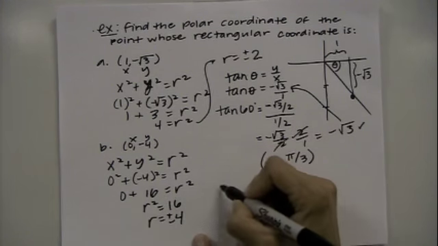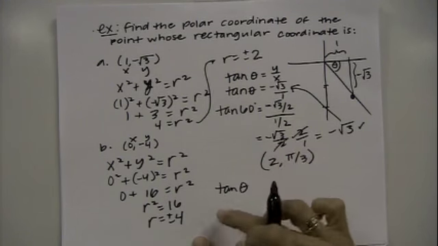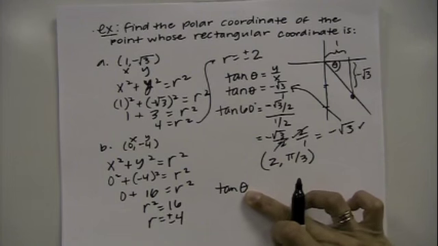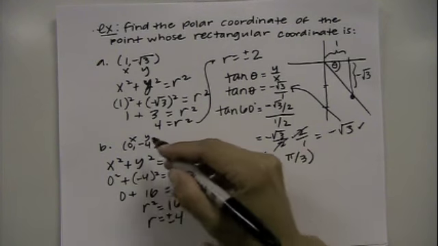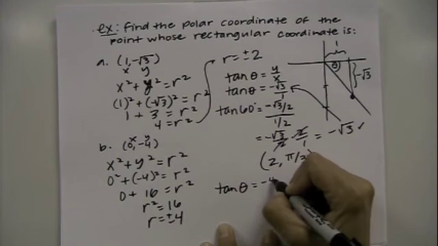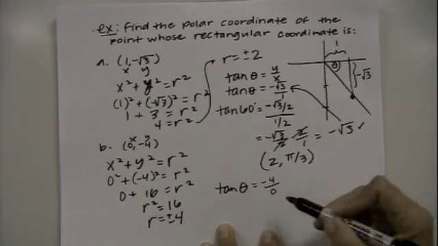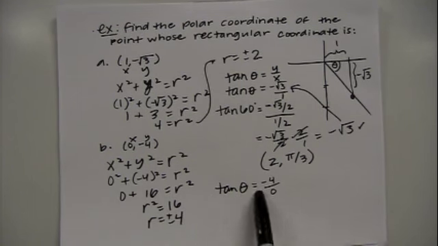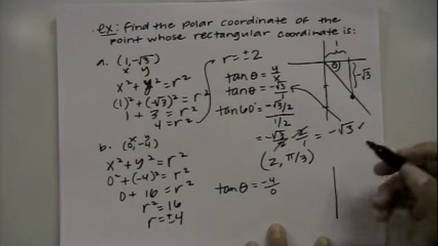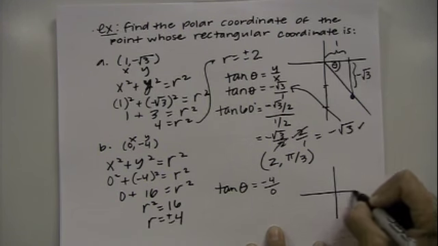If you wanted to set up this equation, tangent of theta equals y over x, I would plug in my y and my x. But actually, looking at this, that's definitely going to be undefined. So you're pretty much saying tangent of what angle is going to be undefined. So you have a couple of options.